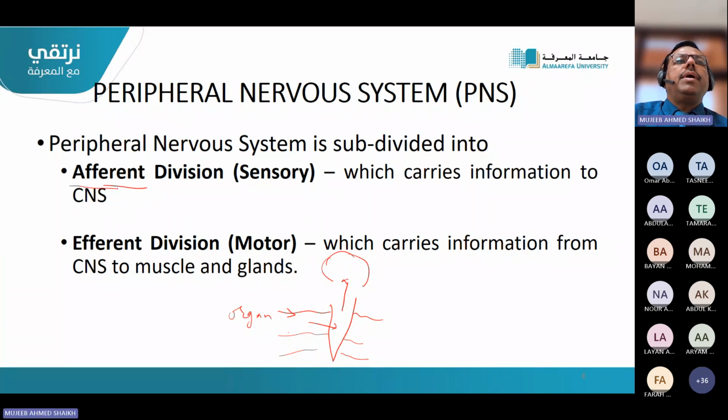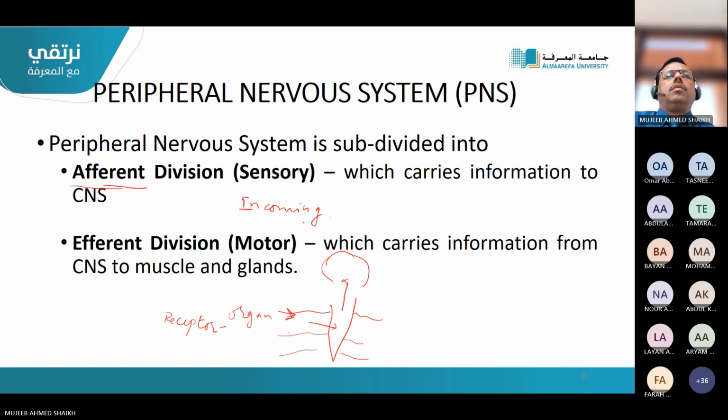Any information coming from the receptor of any organ, then to the spinal cord and then to the brain, is incoming, towards the brain or spinal cord. So this is sensory. We call it the sensory division of the nervous system.